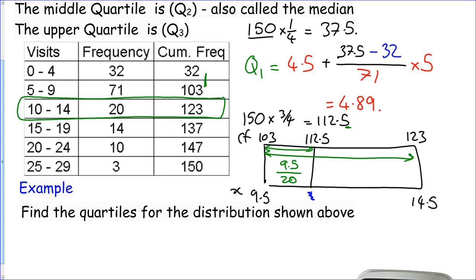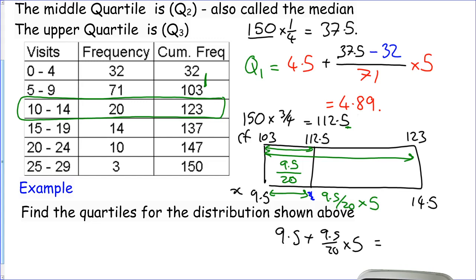The class has a width of 5, so this distance is 9.5 out of 20 multiplied by 5. And then we add on our 9.5. Some of you might have realised that this method is exactly the same as the one we did up here. It's exactly the same things as in the formula, just a slightly different way of remembering it.